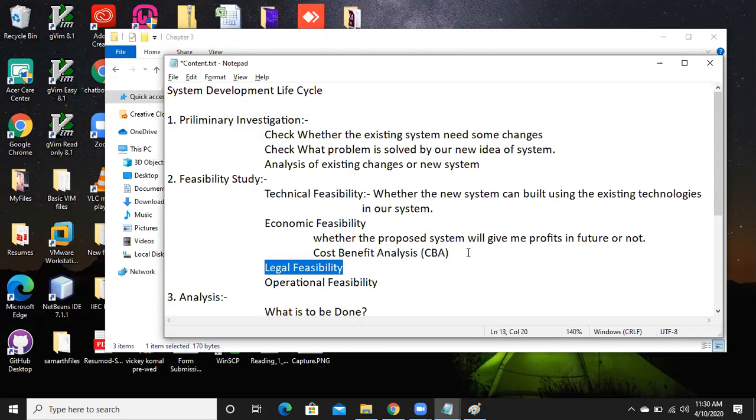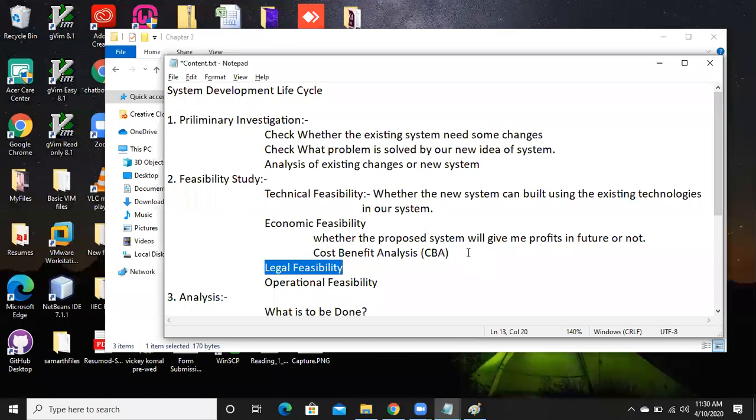In legal feasibility, we check whether our proposed system will work in the current environment and the current market legally, like it is fulfilling all the government terms and conditions.